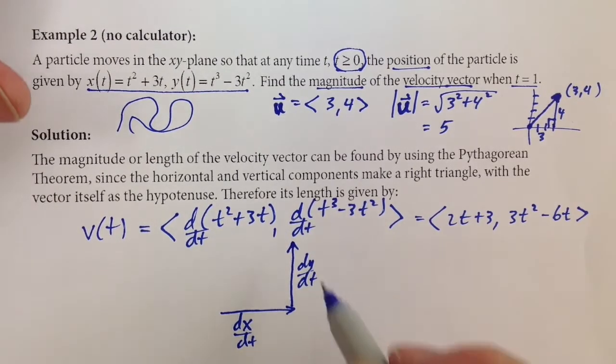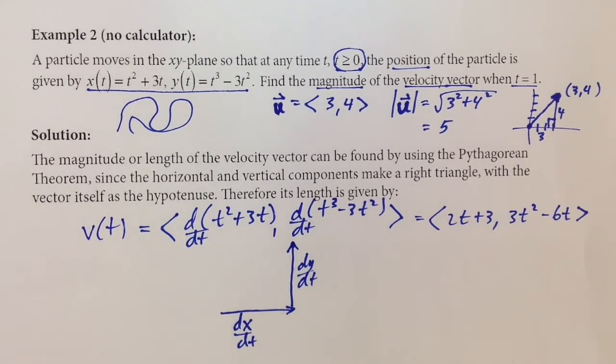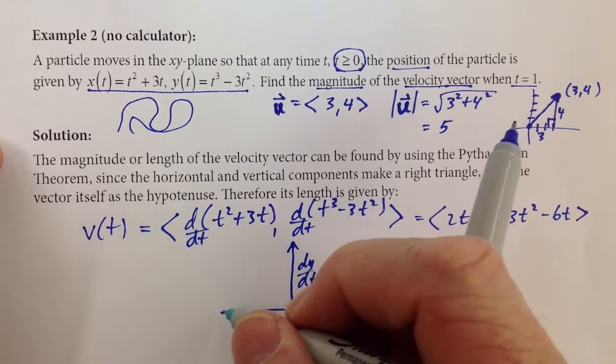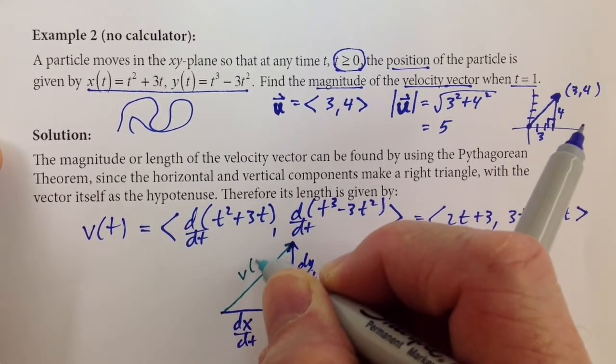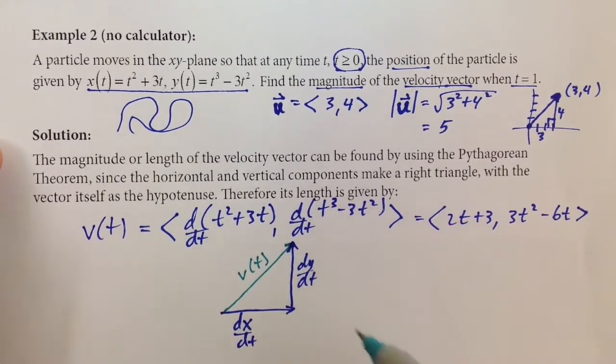And let me use a different color for my velocity vector. So the velocity vector is right here. That's the velocity vector. And we want to know the length of that.